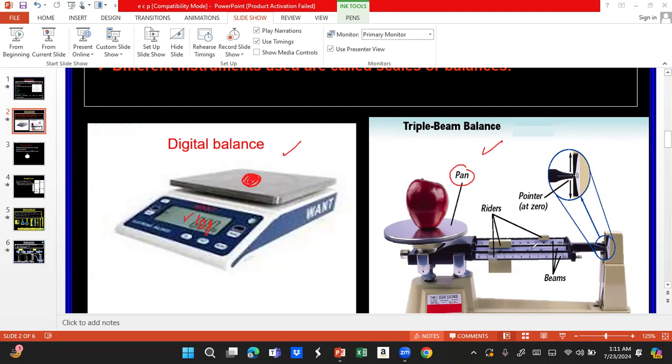When the beam is balanced, you will see this diagram. The pointer of the beam will be pointing towards zero. They will be coinciding. So when the beam is balanced, we read the scales and add the values to get the mass of the object placed on the top of the pan.